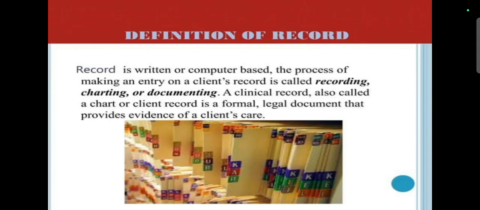So, we receive the patient's record in the MRD. Generally the nursing unit keeps the patient record after the discharge of the patient. A list of the patient records is prepared and given to the MRD with the patient care sheet.